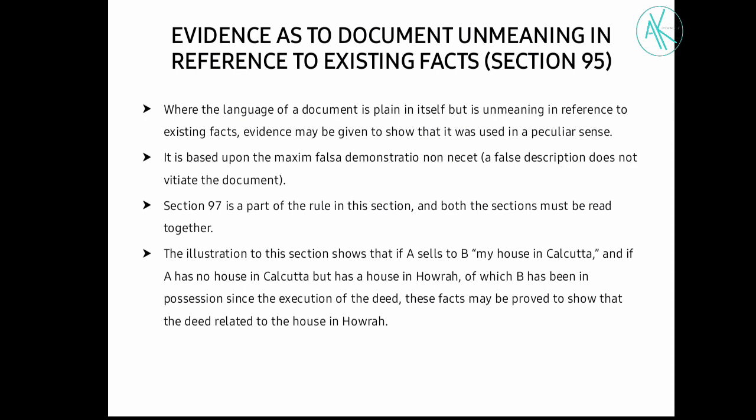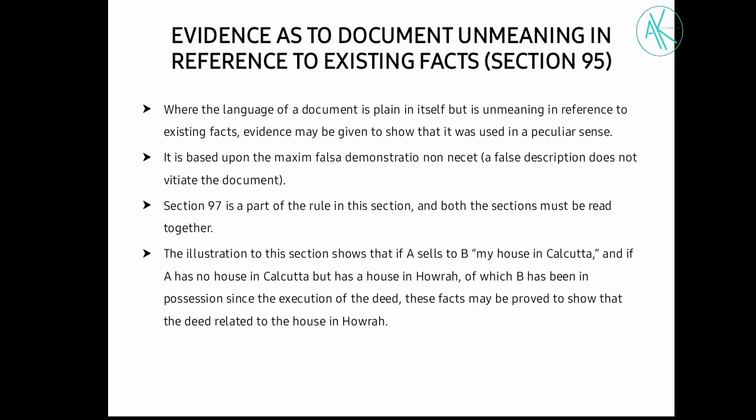It is based upon the maxim falsa demonstratio non nocet, meaning a false description does not vitiate the document. Section 97 is a part of the rule in this section, and both the sections must be read together.